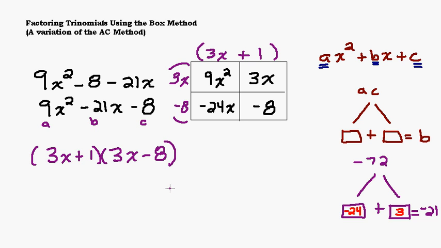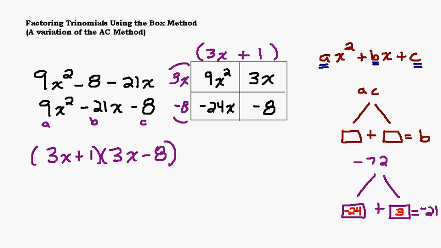So there it is, it's factored. Let's look at those steps one more time before we do another example. Make sure you're in descending order. Set up your AC method, just like you did before. Take A times C, and figure out what multiplies to be AC and adds to give B. Set up your box. Put your x squared term in the upper left and your constant term in the lower right.